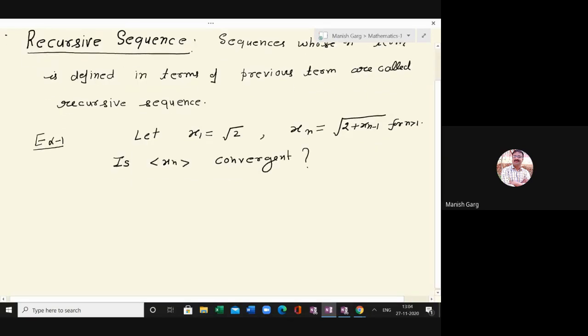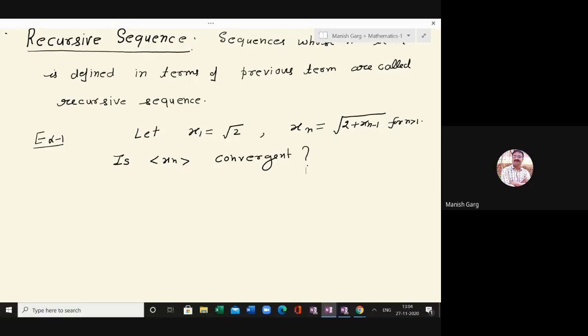If you recall the definition of convergence, it is a little bit tricky. Sometimes the limit theorems or the sandwich theorem may apply, but normally if you use the previous theorem, bounded and monotone, then you can easily check whether the given sequence is convergent or not.